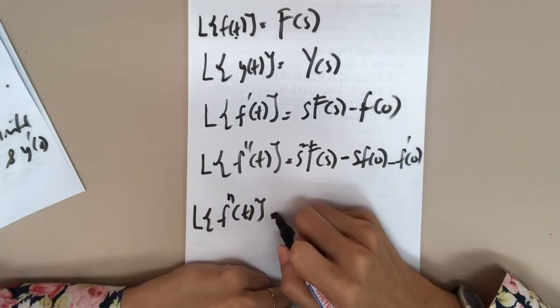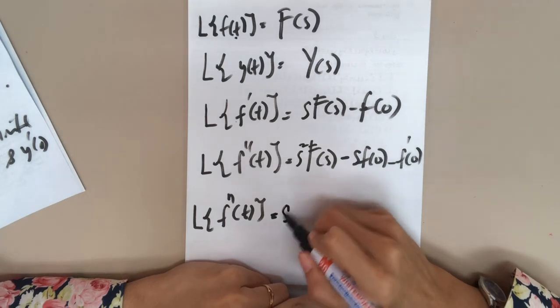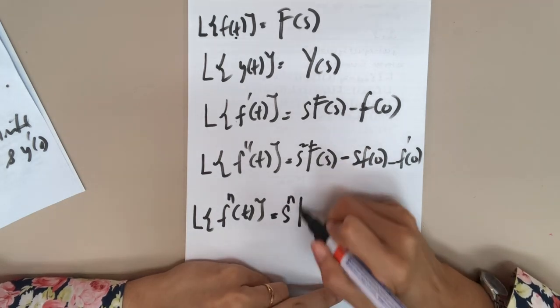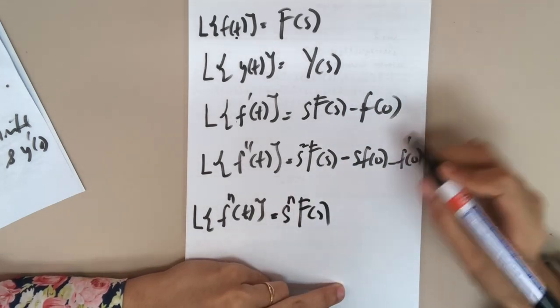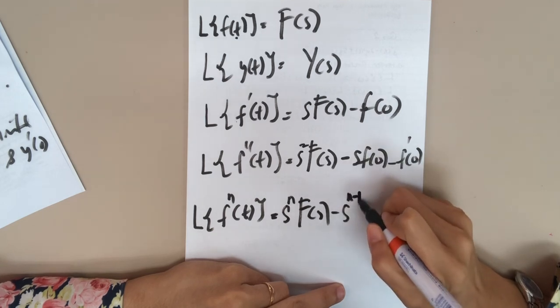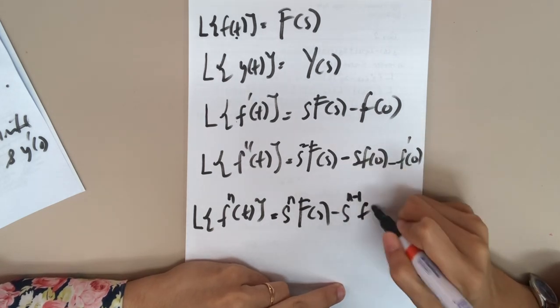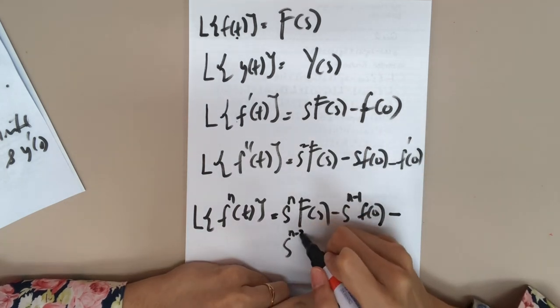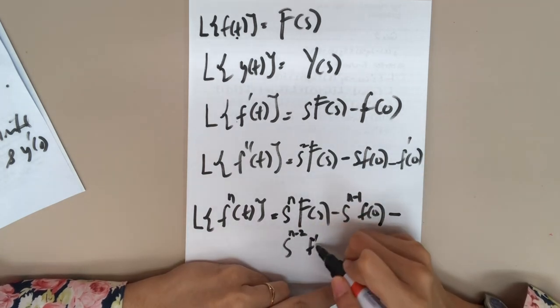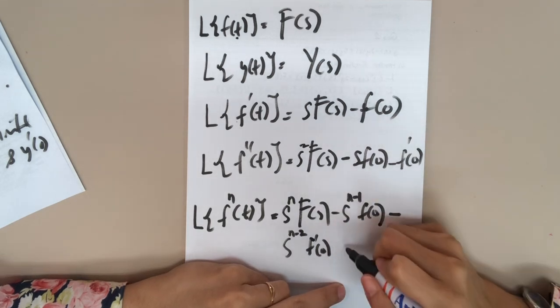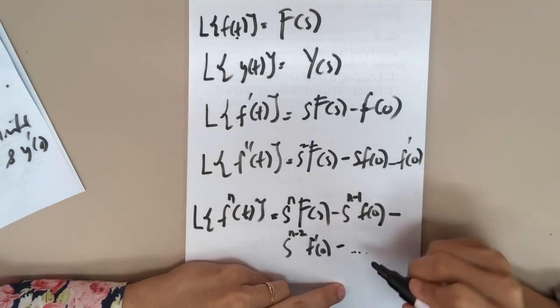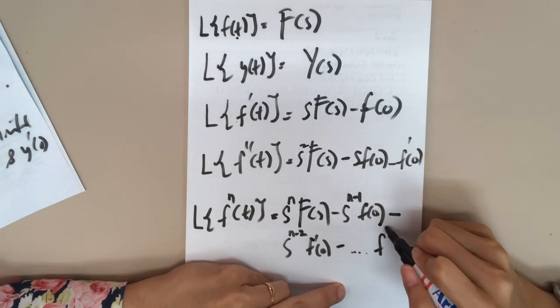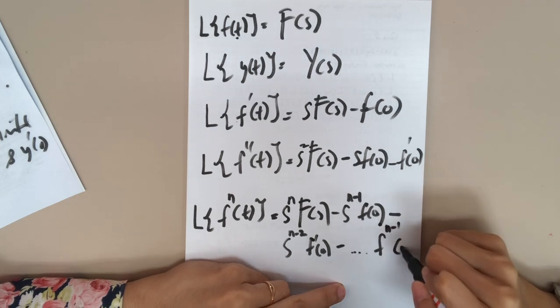So it will be s^n F(s) minus s^(n-1) f(0) minus s^(n-2) f prime 0, minus dot dot dot, continue until you reach f^(n-1)(0).